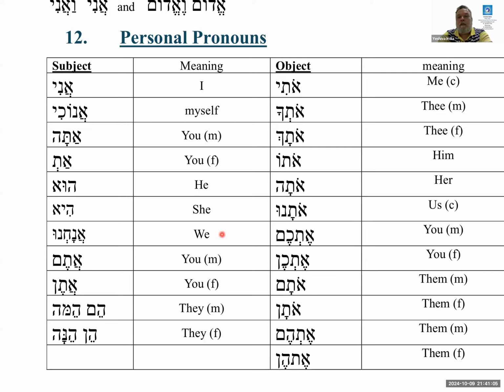Athem is you, masculine. Aten is you, feminine. Question. There is a you masculine initially also, and now also.